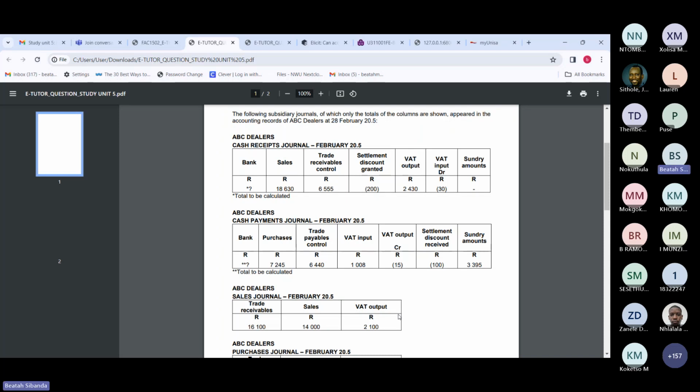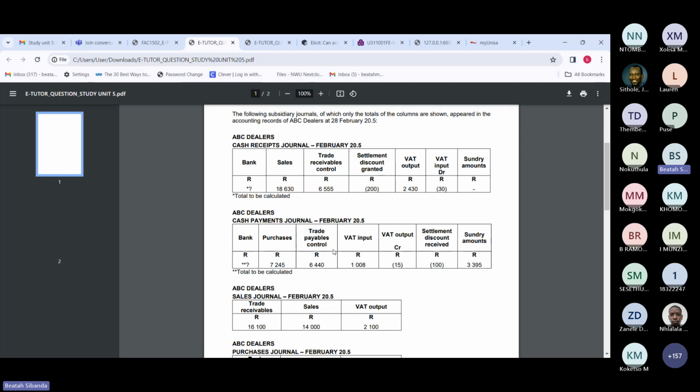Okay, thank you, Mr. Stole. So the question was, how do we know when to credit or when to debit, I think. So let's talk about the difference between VAT output and VAT input. VAT output is levied on sales.